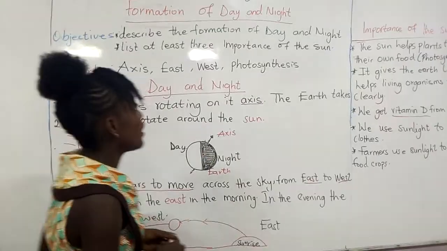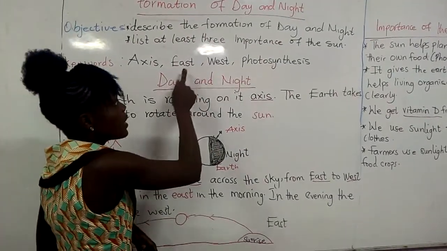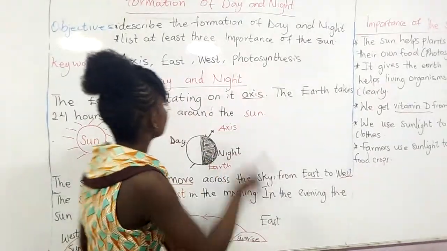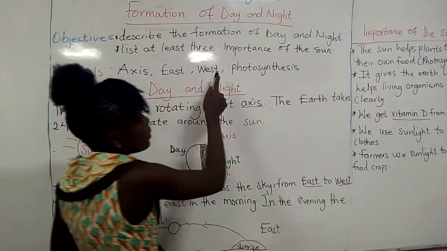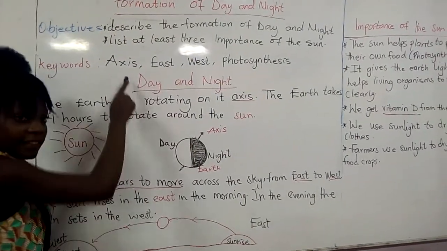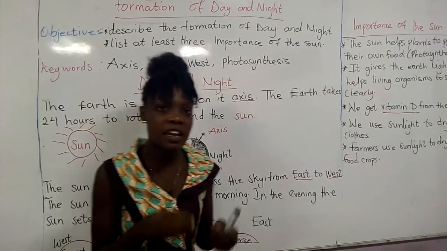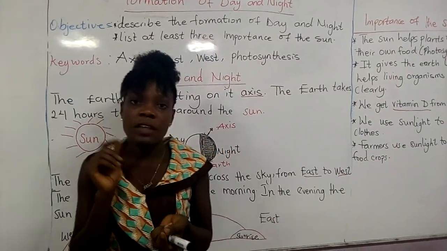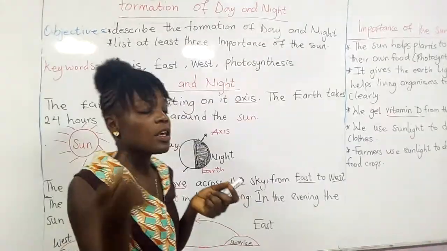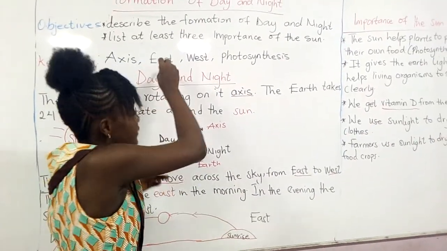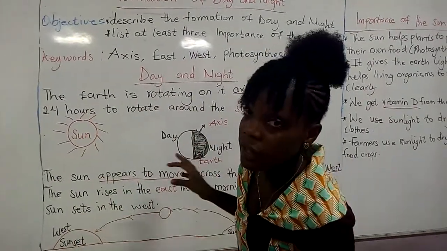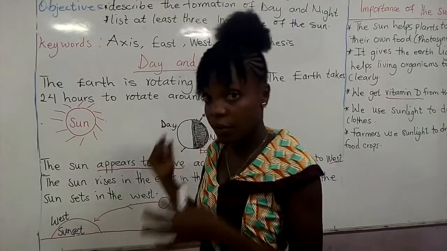Now, keywords are axis, east, west, photosynthesis. Axis is an imaginary line that helps an object to spin. And the east is the right side of the compass.